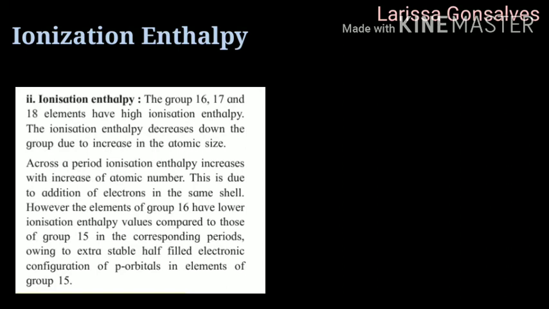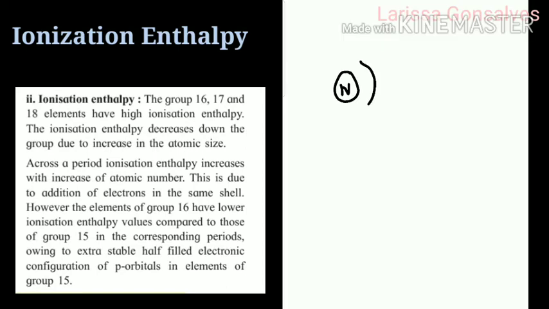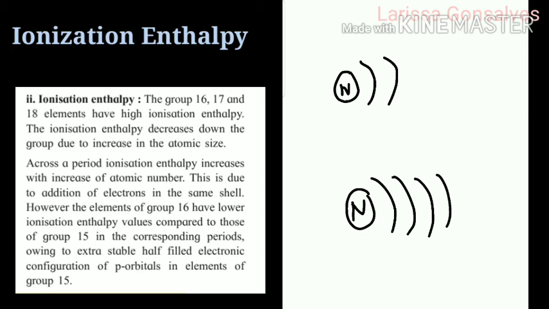Here are two atoms, one which is having only two shells and the other atom which is having say 5 shells. And the electrons are present in all these shells here. Now we know that the nucleus has force of attraction, or it attracts these electrons towards itself.